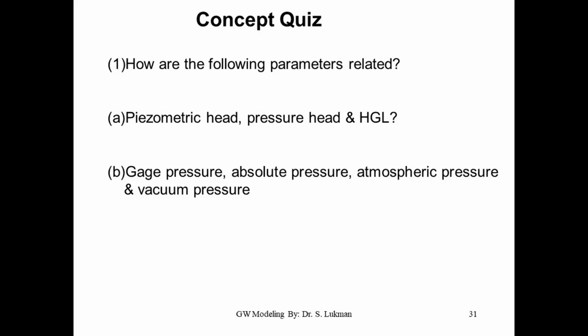So the first one, A. This is the first one, right? Starting from here. But there's no pressure head here. It's absent. Then what about piezometric head, HGL? Piezometric head is missing.